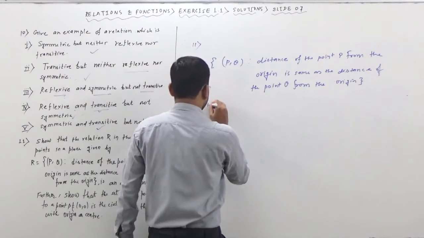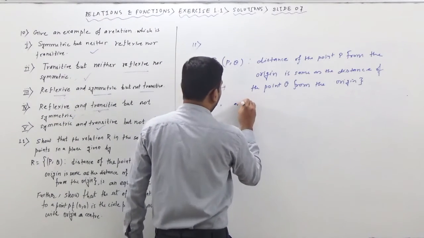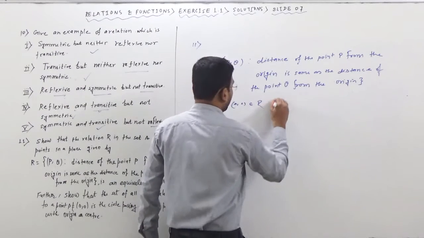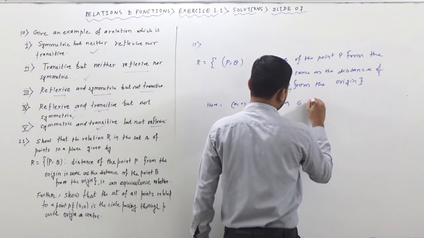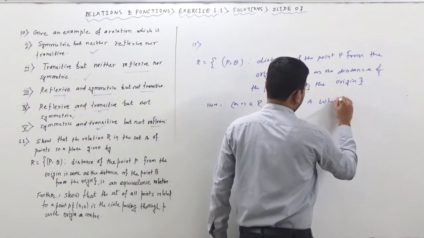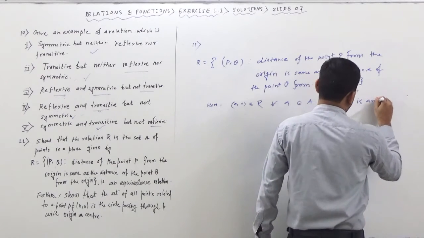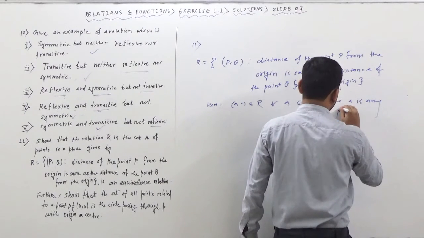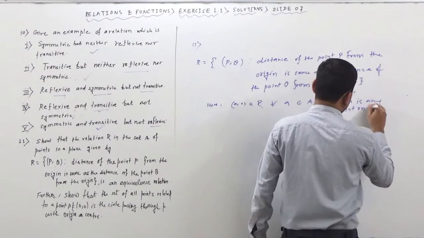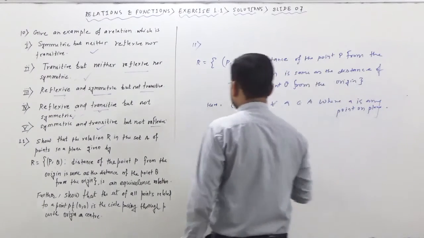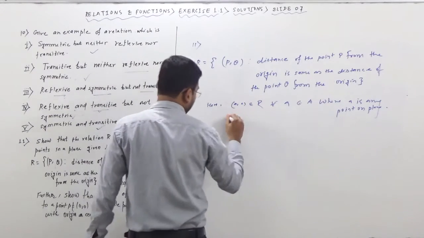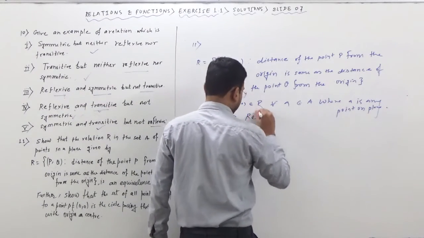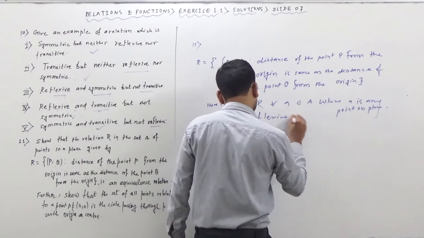So here we can say A comma A belongs to R for every A belonging to set A, where A is any point on the plane. This is always true, so this is a reflexive relation.